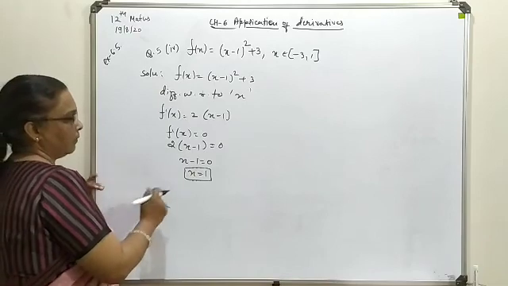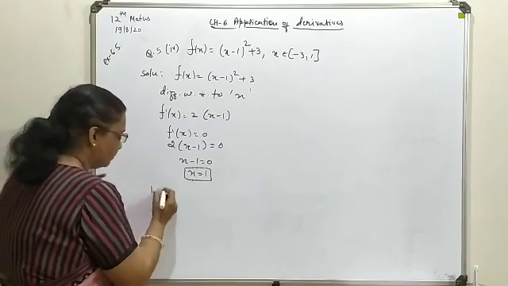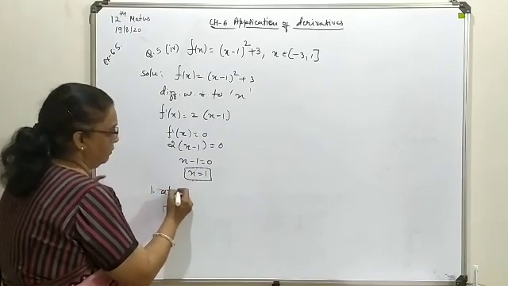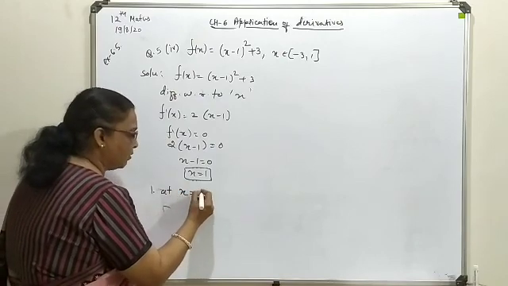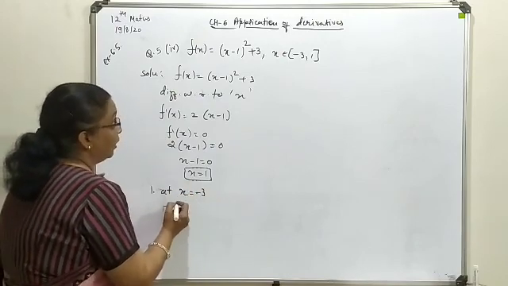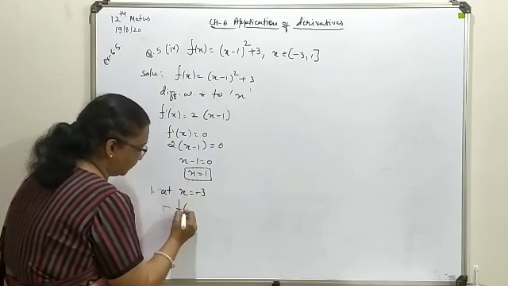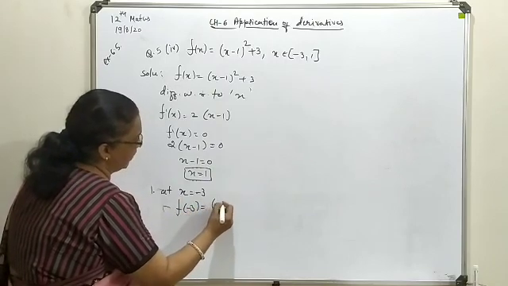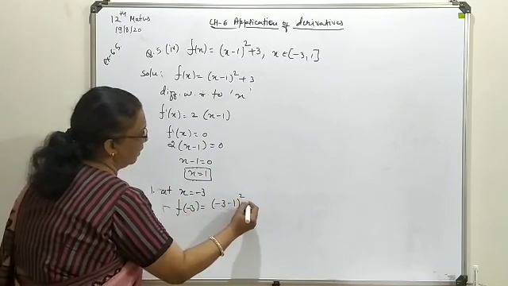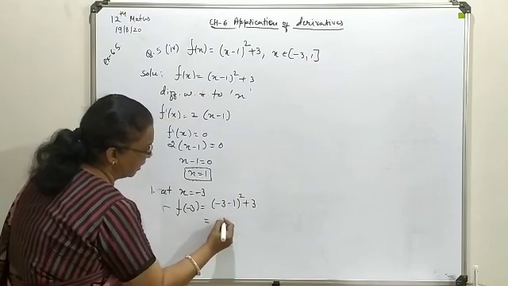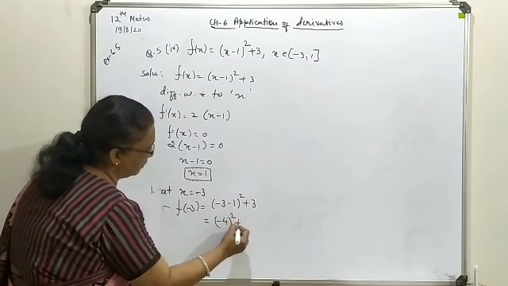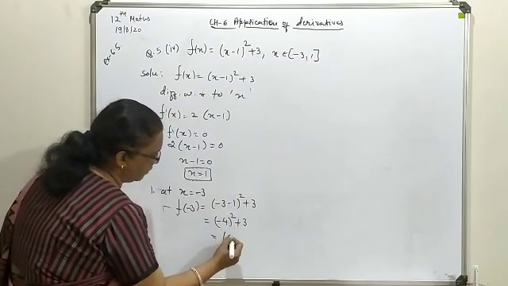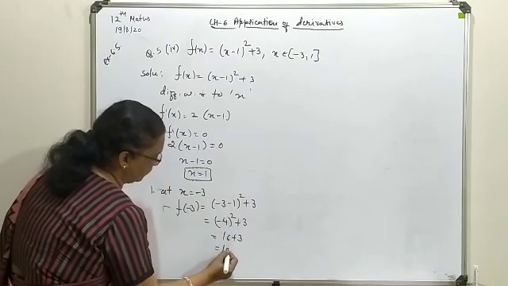So first, at x = -3, your f(-3) is (-3 - 1)^2 + 3, means (-4)^2 + 3, 16 + 3, 19.